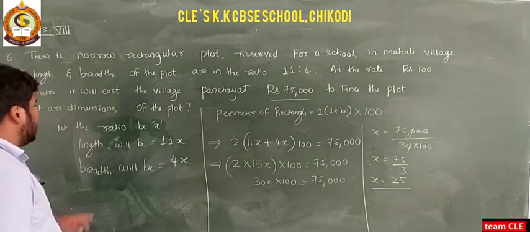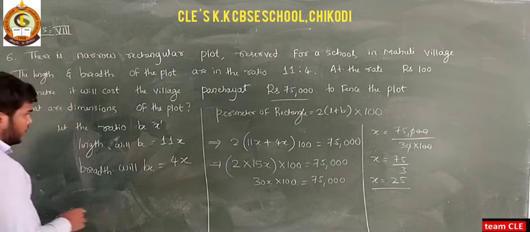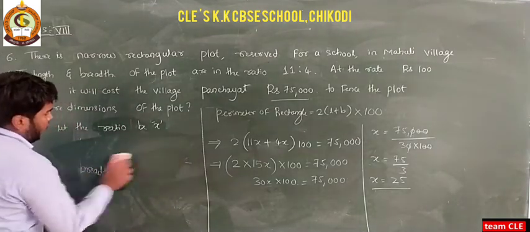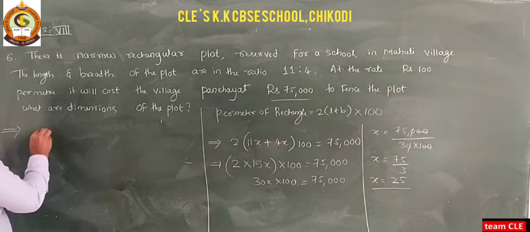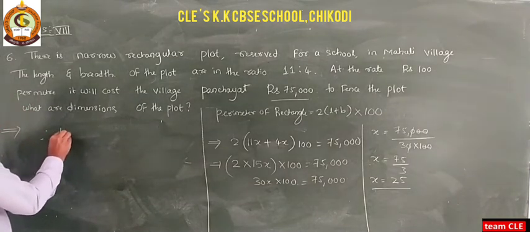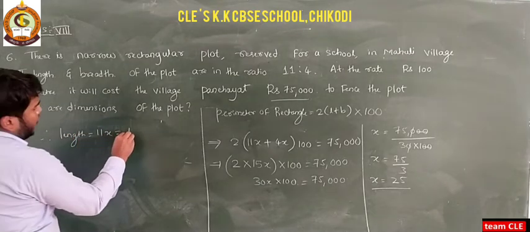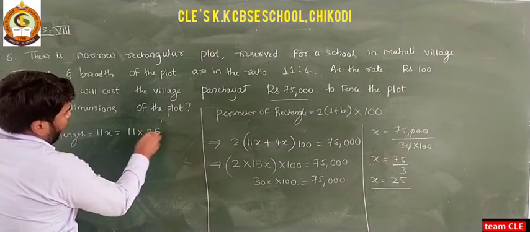So x equals 25, and now we get the length. Therefore the length is 11x, which equals 11 into 25.